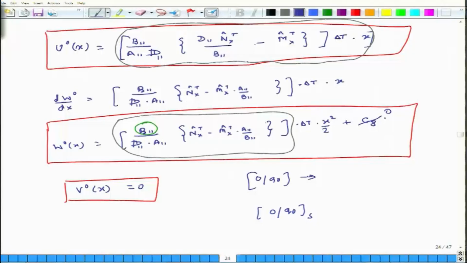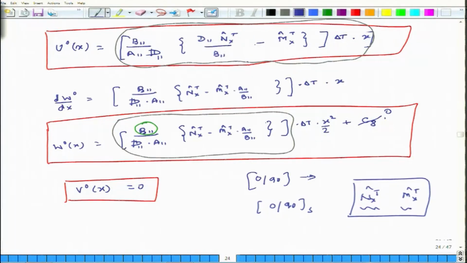The reason in that case will be that when we compute the values of Nxt and Mxt, these values will work out to be 0, because of their definitions. So, as this becomes 0, the plates do not exhibit any deformation.